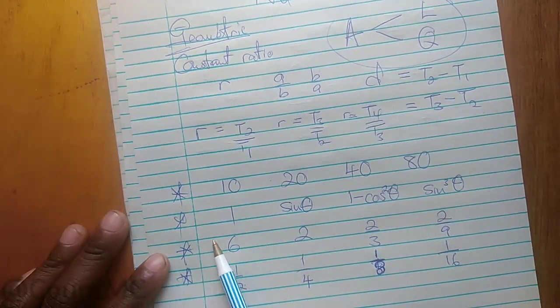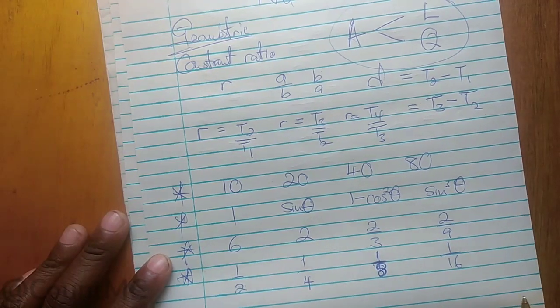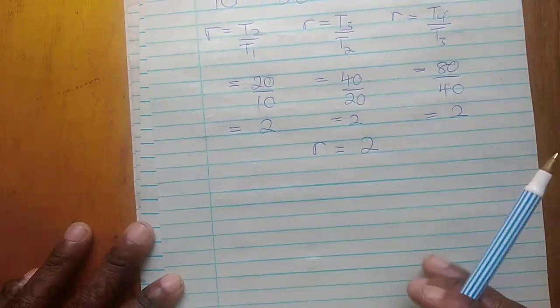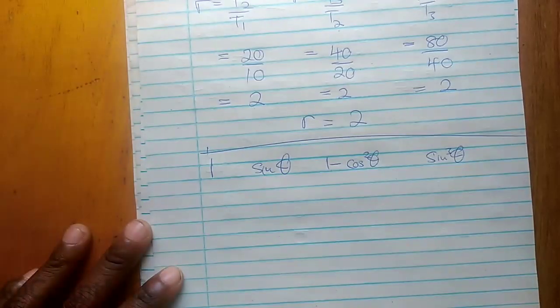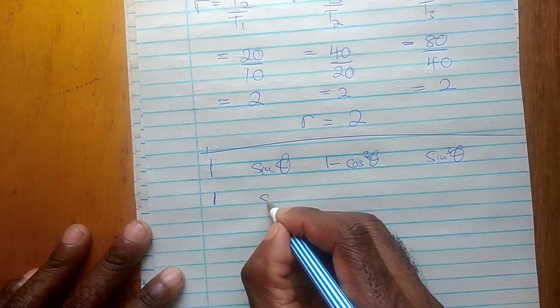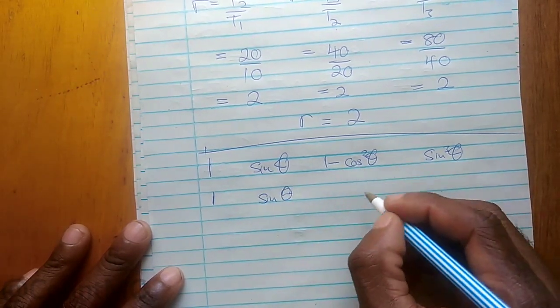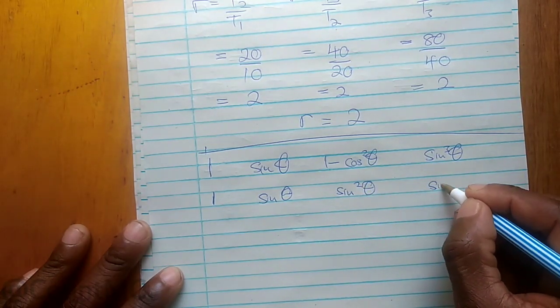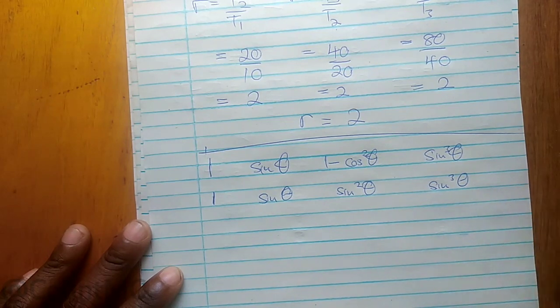What's next? It's this one: 1, sine theta, 1 minus cos squared theta, and sine cubed theta. Here, we need to simplify something. So our sequence is actually 1, sine theta, sine squared theta, and sine cubed theta.